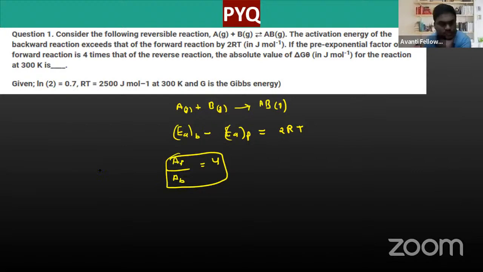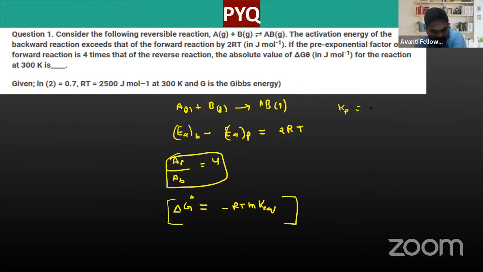Now we know the relationship between delta G and the equilibrium constant. Delta G is equal to minus RT ln K equilibrium. So delta G is equal to this. Now Kf, that is the rate constant for the forward reaction, is equal to AF e to the power minus EA upon RT.